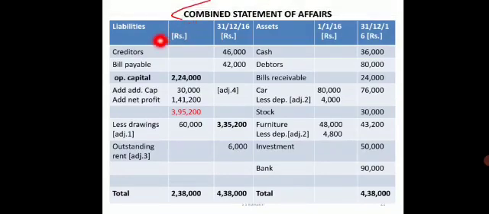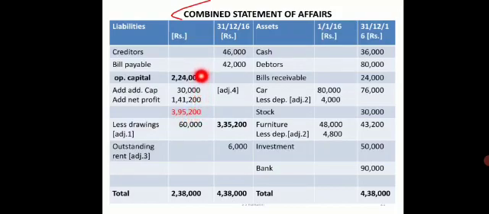Now we have creditors; only closing balances are taken. So creditors 46,000, bills payable 42,000. Now coming to our capital, we have taken opening capital 2,24,000. To this I have to add additional capital 30,000. Then my net profit 1,41,200 has to be added, and then I will get a total of 3,95,200.